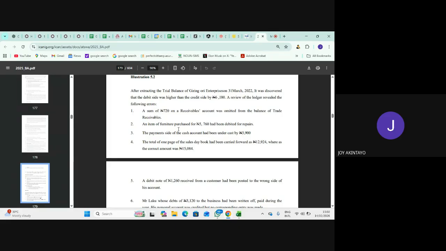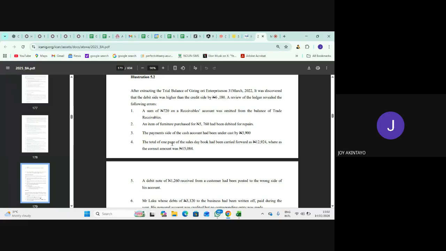Accounts. Now the next one is the payment side of our cash account had been undercast by 3,900. We undercast the credit side. It means the debit side is higher than the what? Than the credit side. That's an error. We will solve this one after the other.